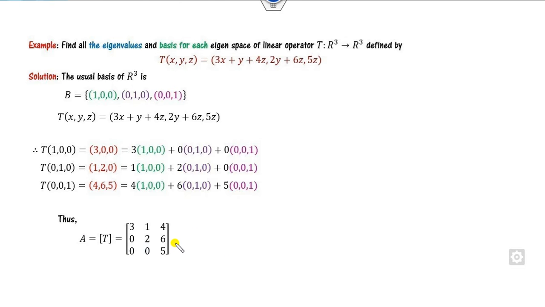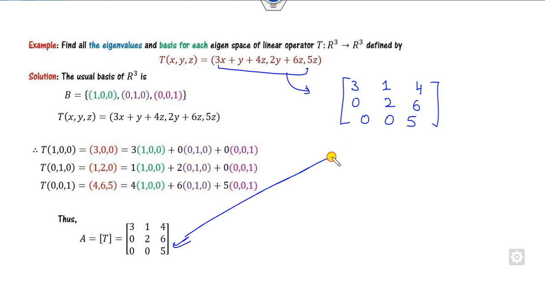This is my linear matrix corresponding to the transformation. How do you check whether this is correct or wrong? You can write the coefficient of x, coefficient of y, coefficient of z, and the result (0, 0, 5). You can see both are the same.